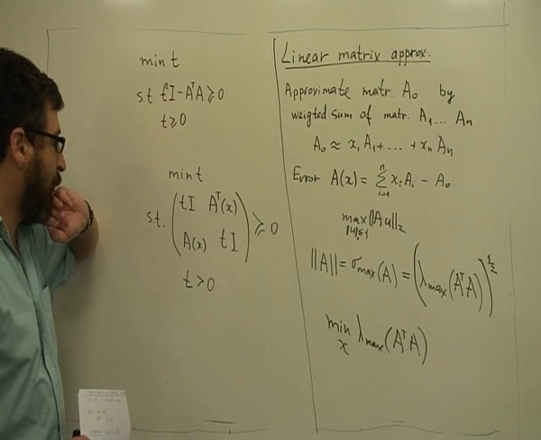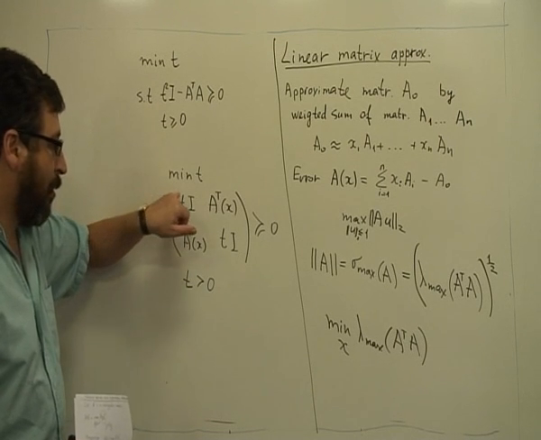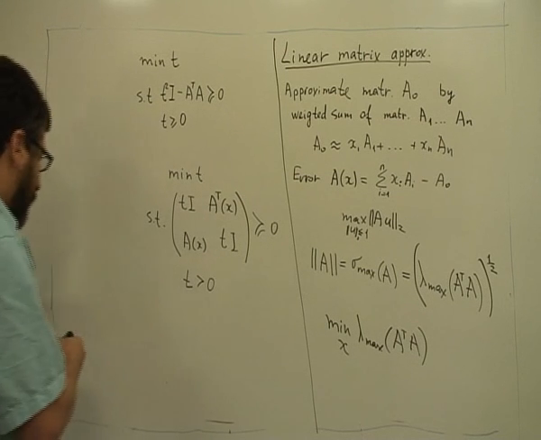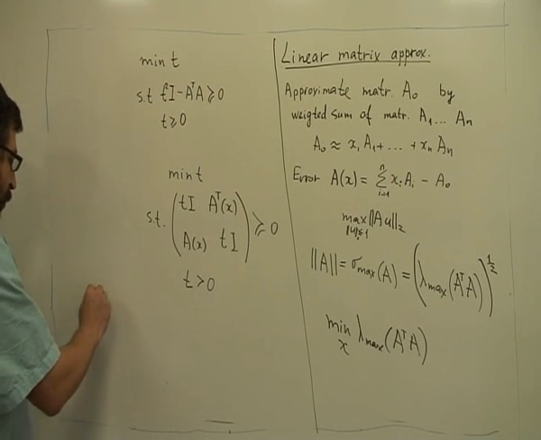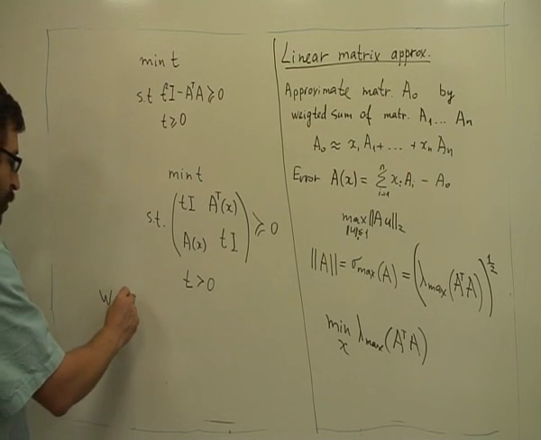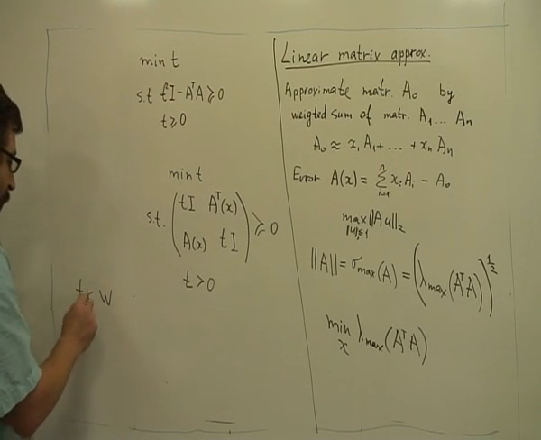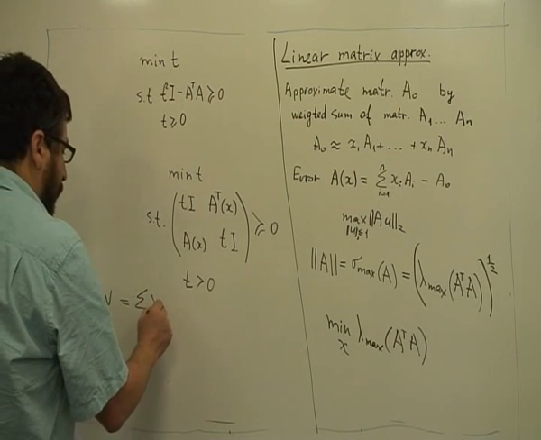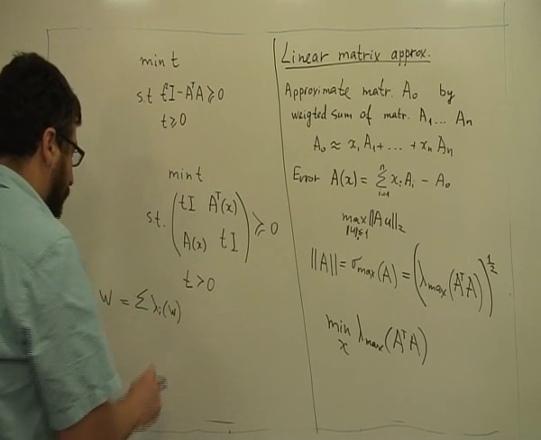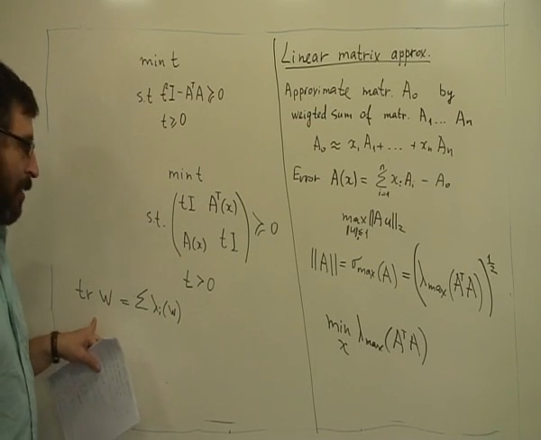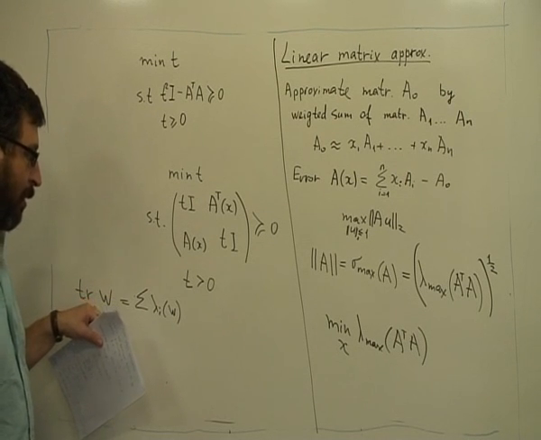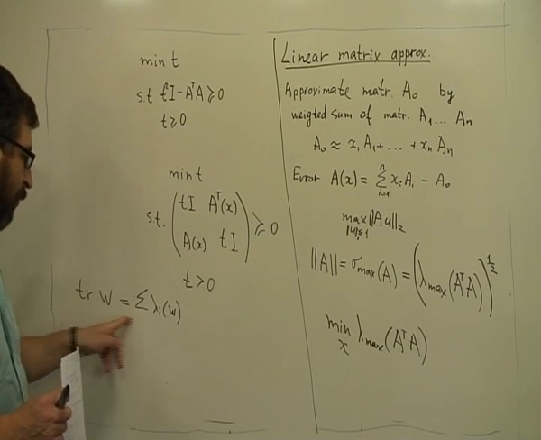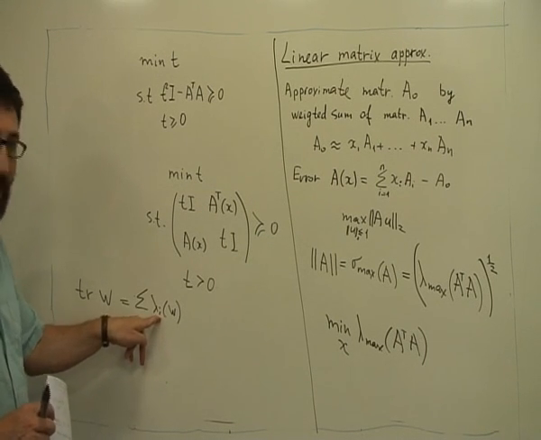Then the trace of a matrix, for any matrix, say W, the trace of W is the sum of lambda i of W. This is a very well-known property. So if W is positive semi-definite and non-zero, then the sum of eigenvalues would be greater than 0.